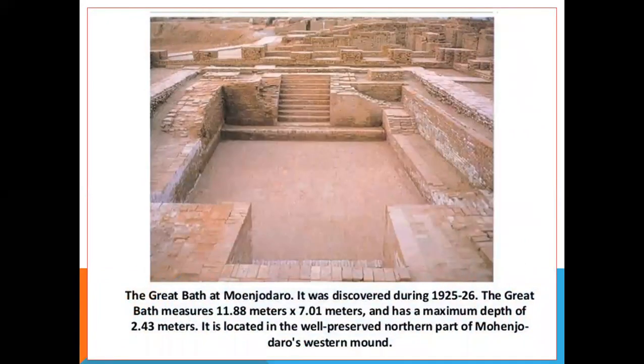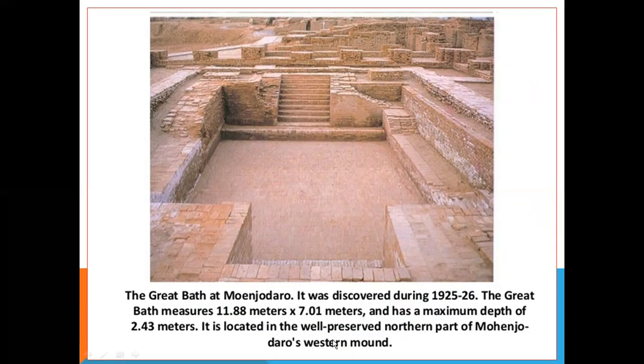The Great Bath at Mohenjo-Daro was discovered during the 1925 and 1926 excavation. The Great Bath measures 11.88 meters by 7.01 meters and has a maximum depth of 2.43 meters. It is located in the well-preserved northern part of Mohenjo-Daro, Western Mound.